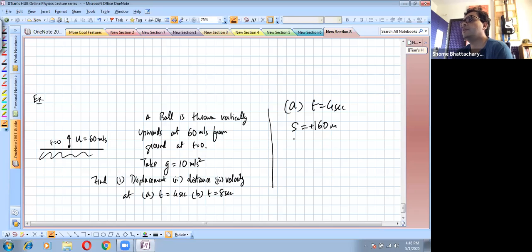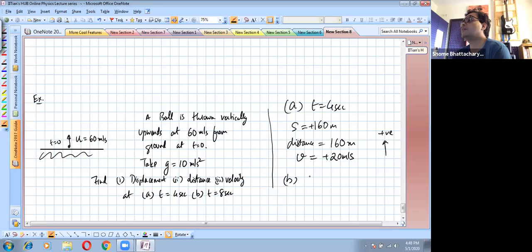Okay. And you should be getting the distance traveled also as 160 meters, but without the sign, okay, because distance does not have any direction. But it will have the same magnitude, it will be 160 meters. And you will get the velocity at t equal to 4 seconds as plus 20 meters per second, which means that it's going up. We are taking upward direction as positive.